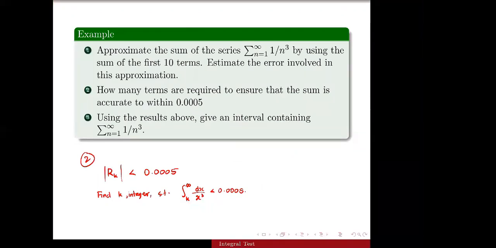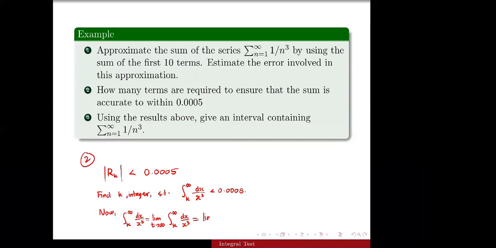But then again, what is this? The integral from k up to plus infinity of dx over x cubed. Again, this is the limit as t approaches plus infinity of the integral from k up to t of dx over x cubed.